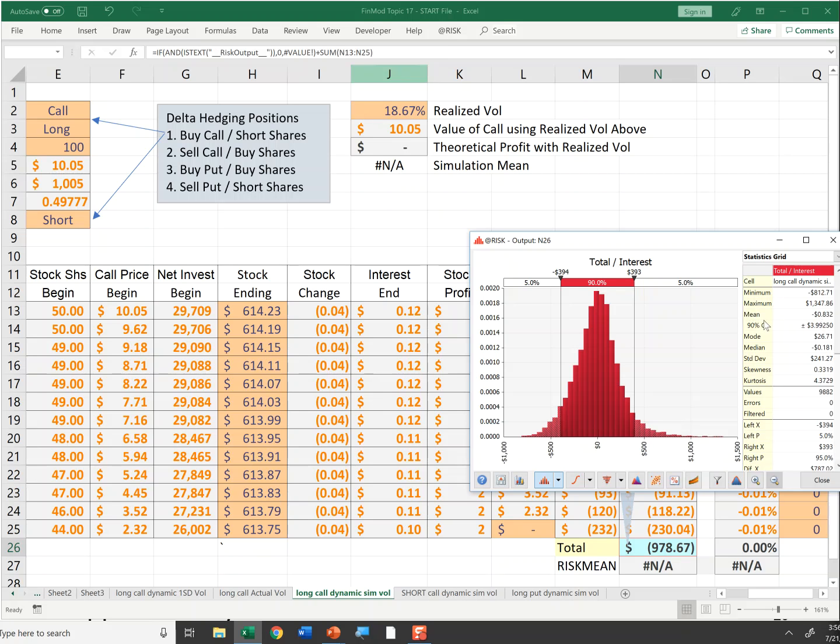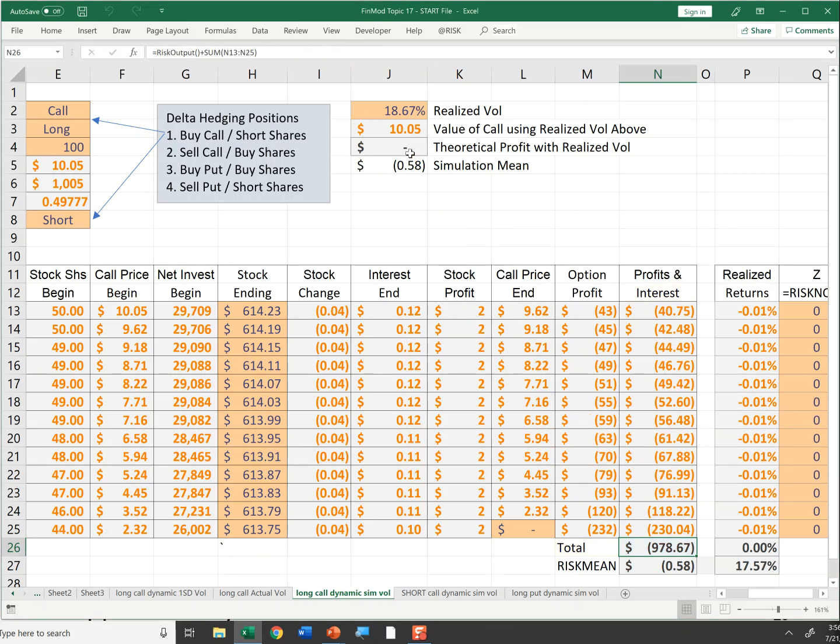And what we see is the mean of this distribution of P&Ls. It looks like it's centered around 0. And in fact, the mean is negative 80 cents. Now my 90% confidence interval is the P&Ls between negative 394 and positive 393. So my mean distribution actually finished up there about negative 60 cents. In theory, it should have been about 0.